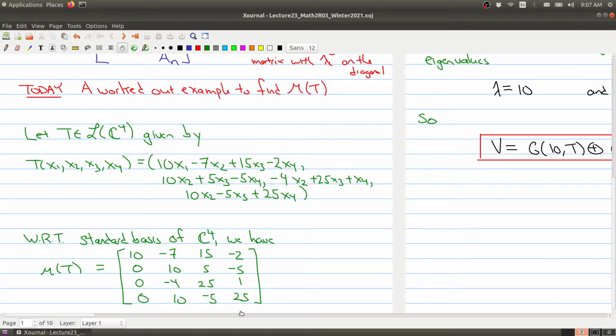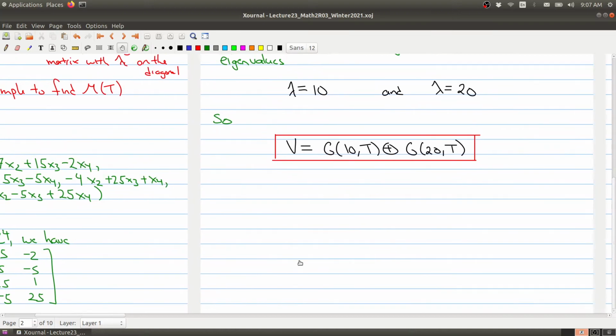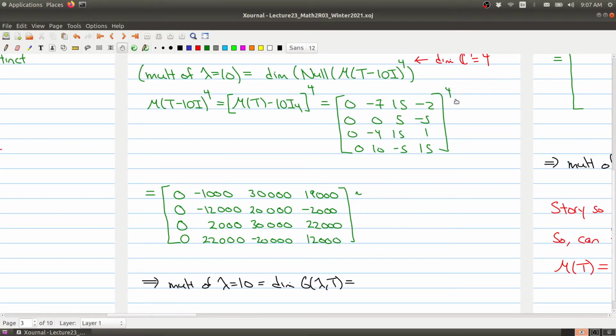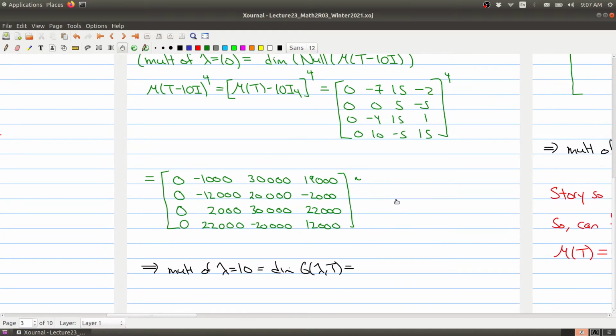It comes from this matrix here, but I'm subtracting 10 from every entry on the diagonal. Now I want to crank this out to the 4th power. This is definitely where you want a computer handy. Then you row reduce the matrix, and you end up with a matrix that looks like 0, 1, 0, 0, 0, 0, 1, 0, 0, 0, 0, 1, and 0, 0, 0, 0.